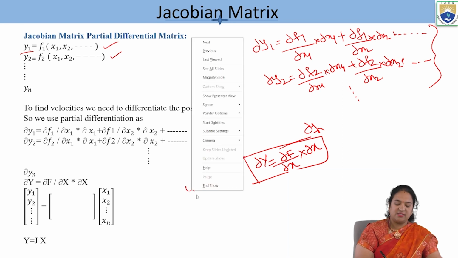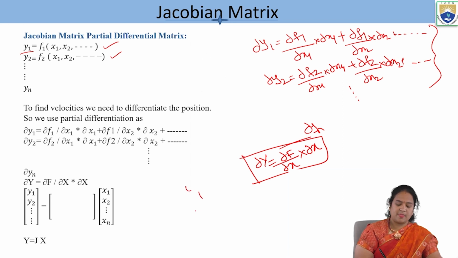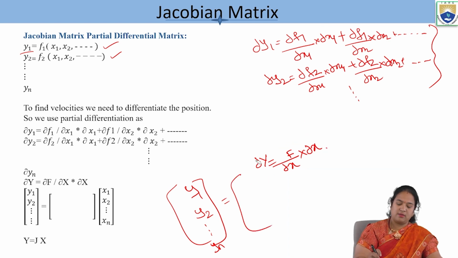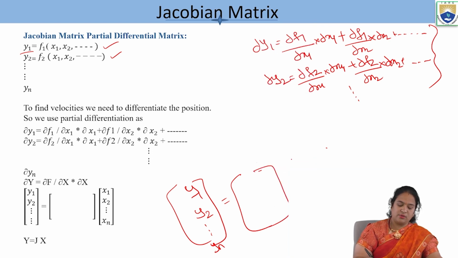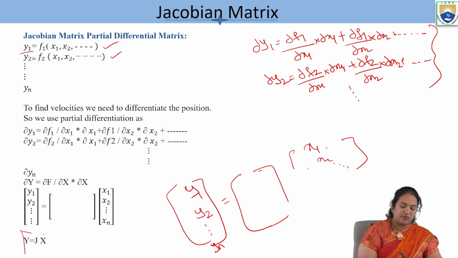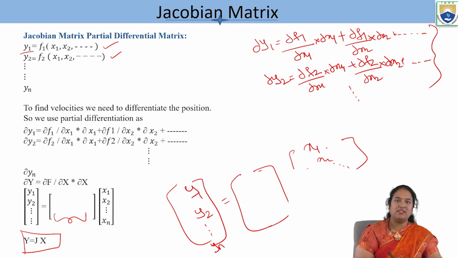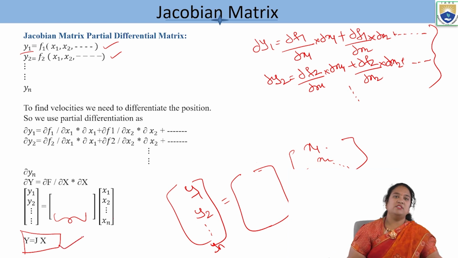Now what is y? It is nothing but y1, y2 and so on up to yn, which is equal to a 3 by 3 matrix, or any n by n matrix, into x1, x2 and so on. This equation, y is equal to the matrix into x, is known as the Jacobian matrix.